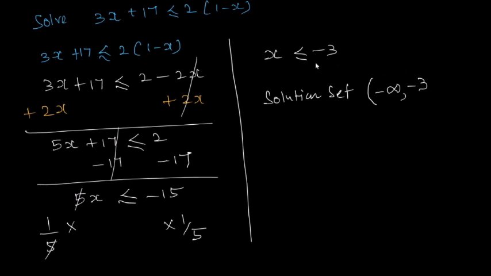With that it is closed, so you have to put a square bracket like this. So what does it indicate? That it can start from minus infinity, minus 5 and so on, minus 4, minus 3. That's all. So with this it is closed.